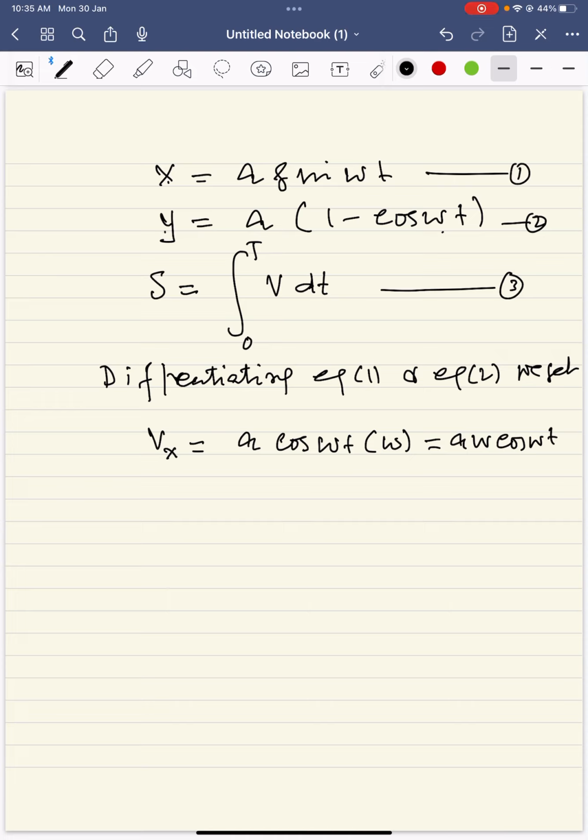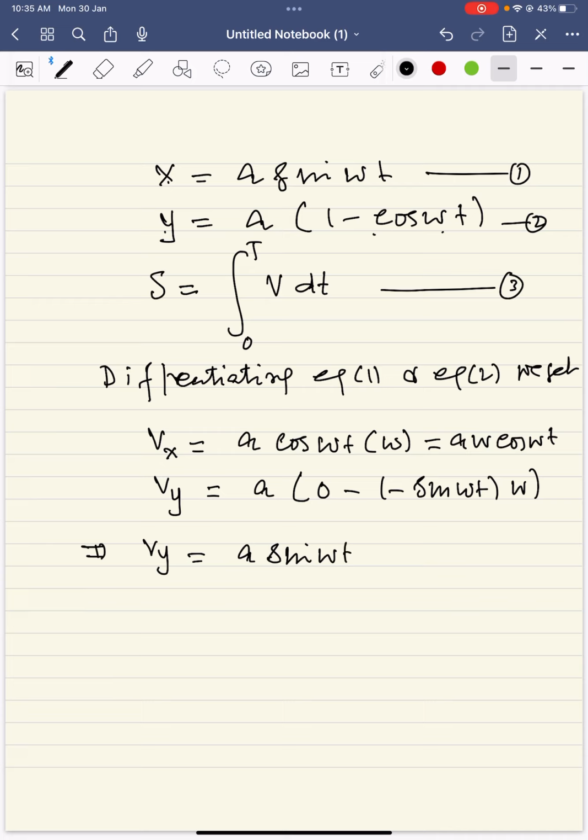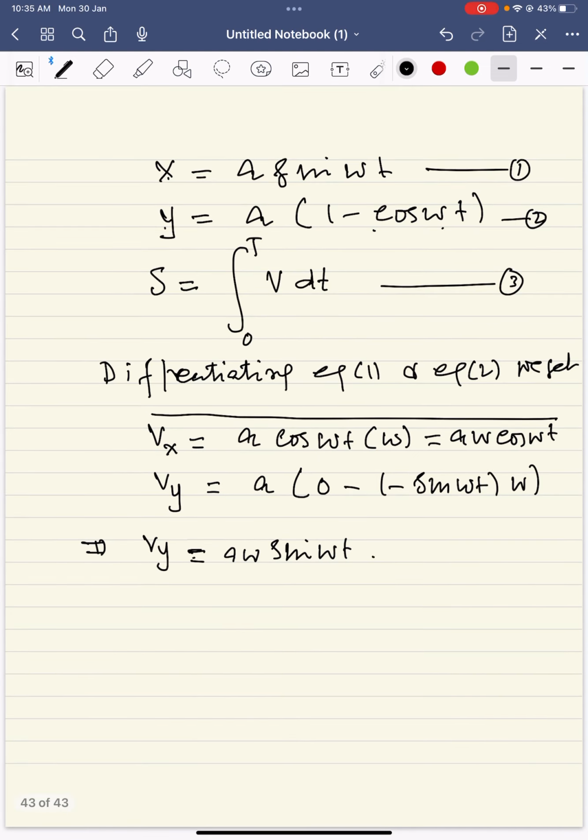Differentiating y to get velocity in the y direction, vy, the derivative of a is 0, and the derivative of cos is minus sine, so it will be minus of minus, plus a sin omega t into omega. So vy equals a omega sin omega t. This is vx and this is vy.